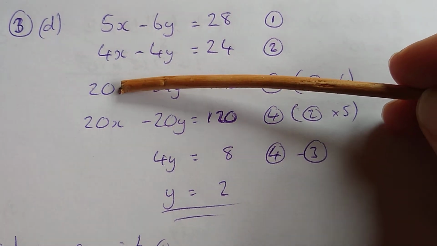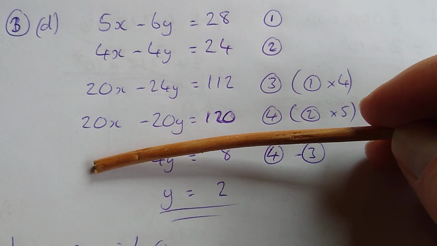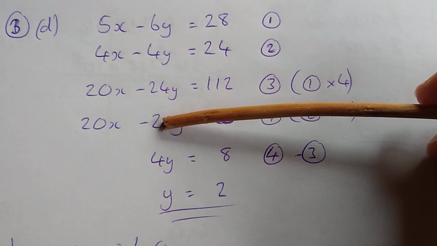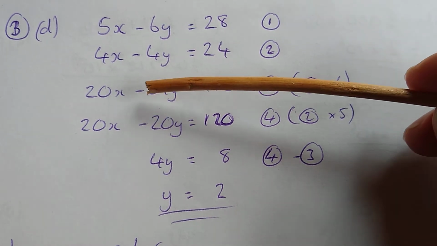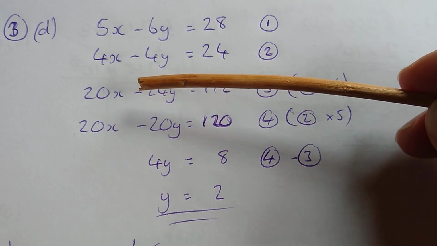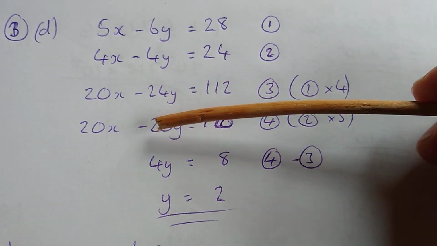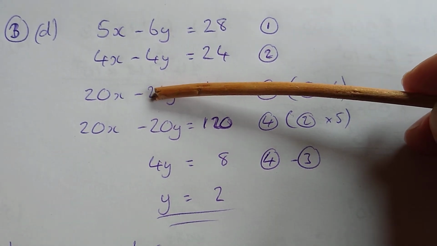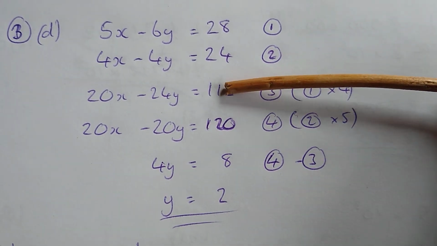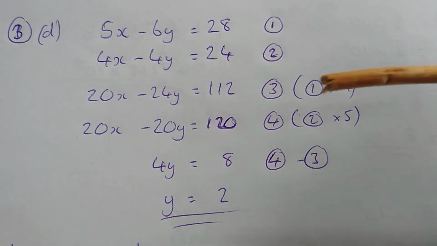So 20x minus 20x is 0. So we've eliminated the x terms. Minus 20y subtract minus 24y. Well, if we're subtracting a negative, we're adding. So it's really minus 20 plus 24, which will be 4y. And 120 minus 112 is 8.